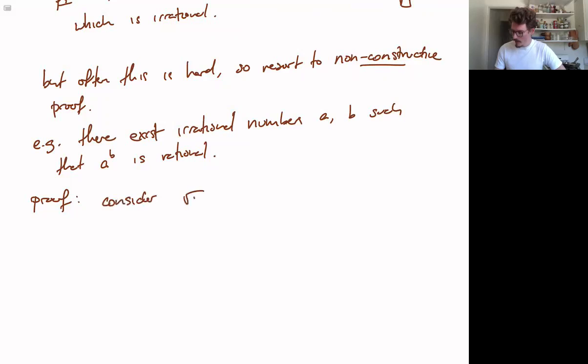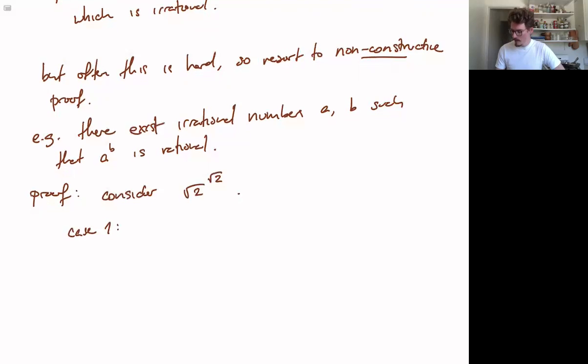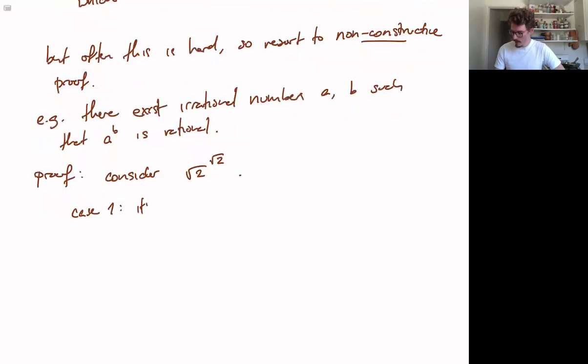Consider the number square root of 2 to the power square root of 2. So we're going to think about a couple of cases. Case 1, it's rational. Right, so the argument we're making, the cases that we're using, are if we think about this number, it's either rational or irrational.